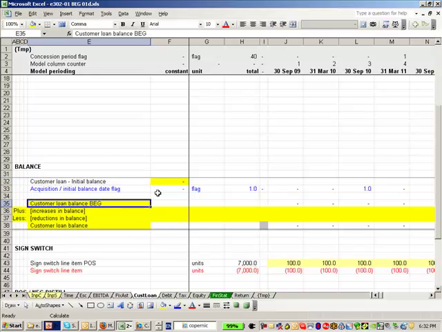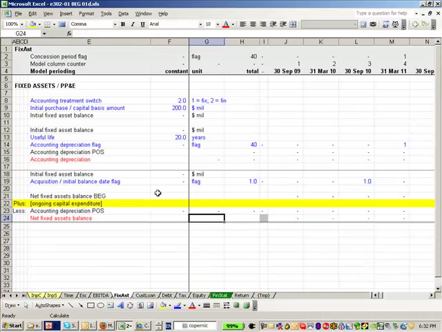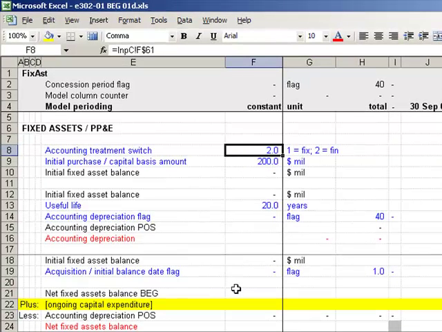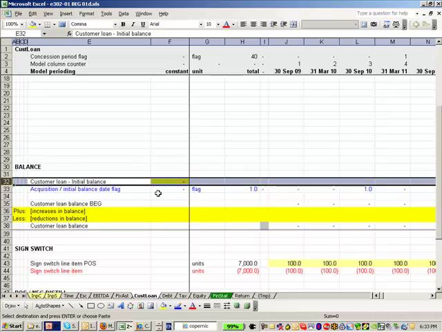So I have a customer loan. You'll remember that we had a look at that little block for switching the treatment, if you will, of what happens with that capital basis, that $200 million, depending on the accounting provision. So I'm going to take a copy of that block, throw it in here.